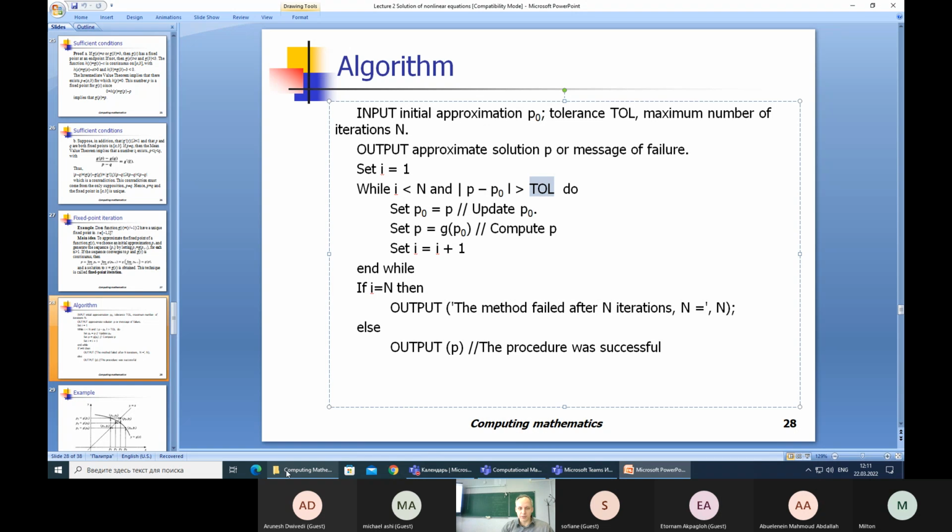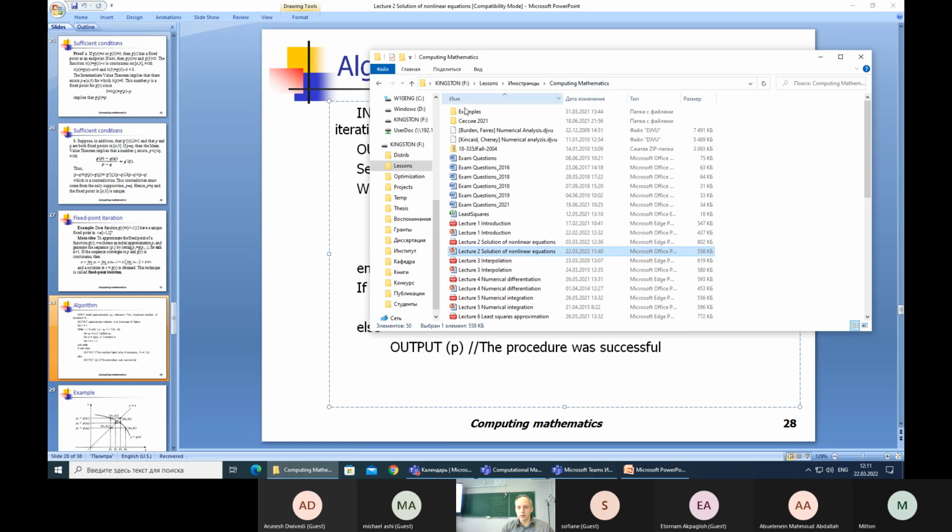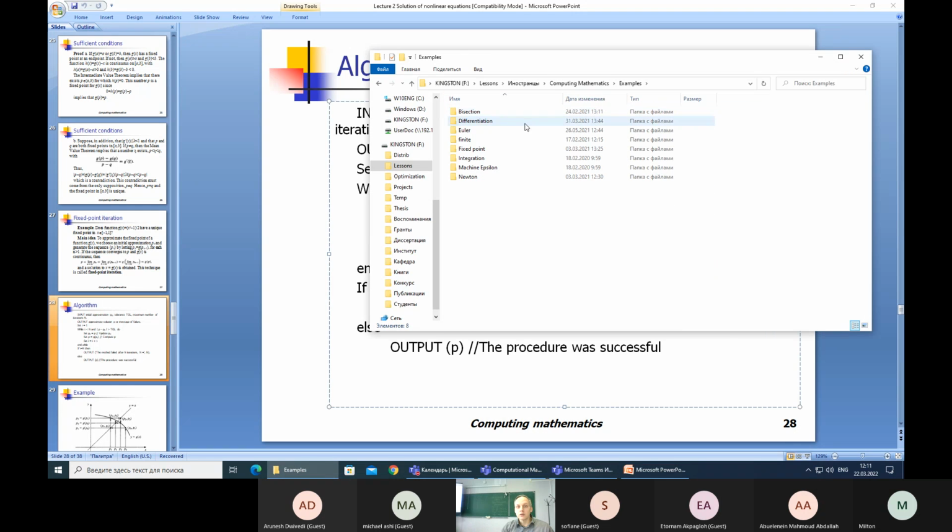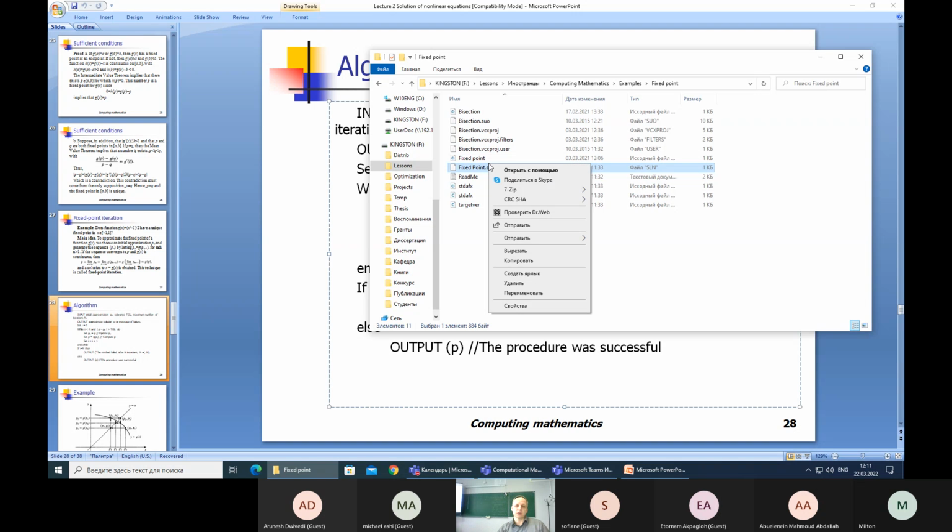Let me show you the implementation of this method in Visual Studio. Oh, there is no Visual Studio here.